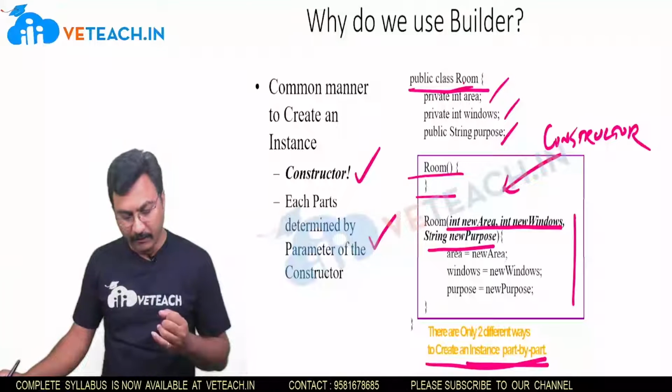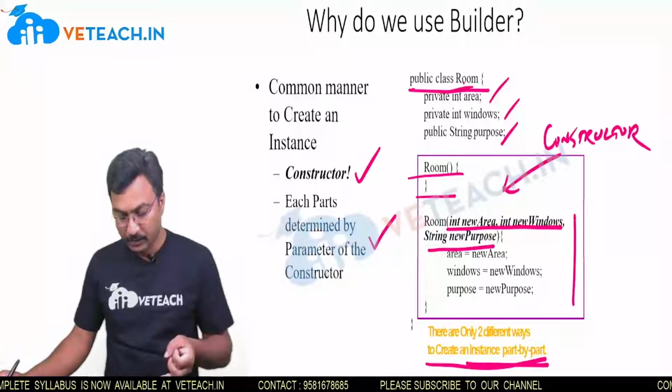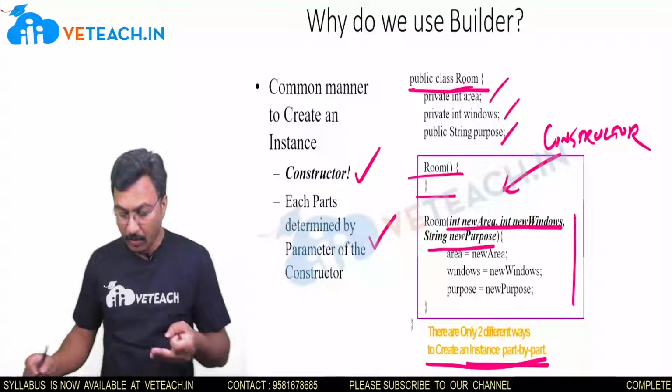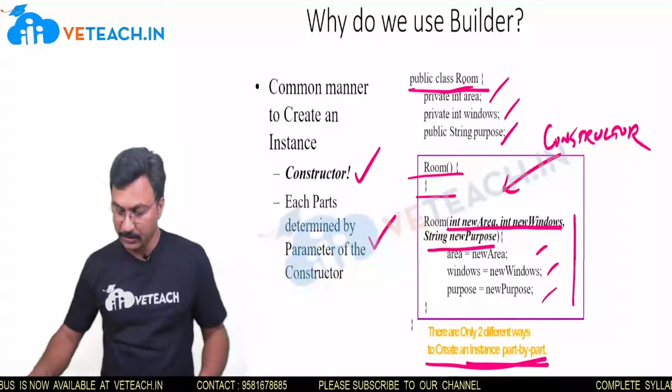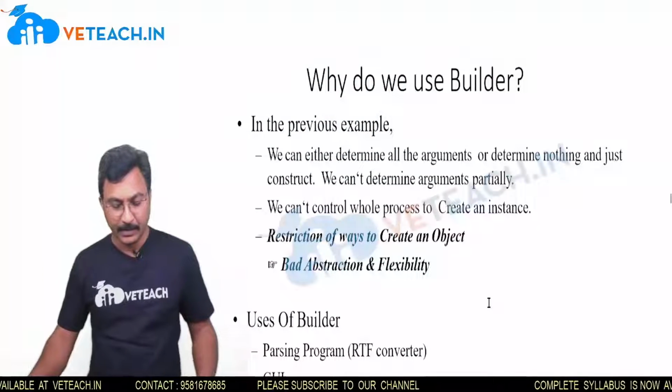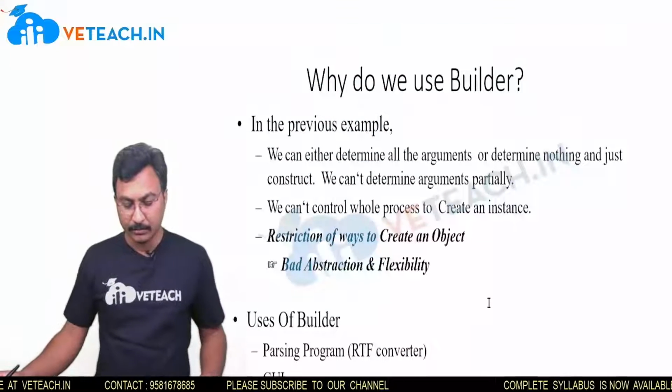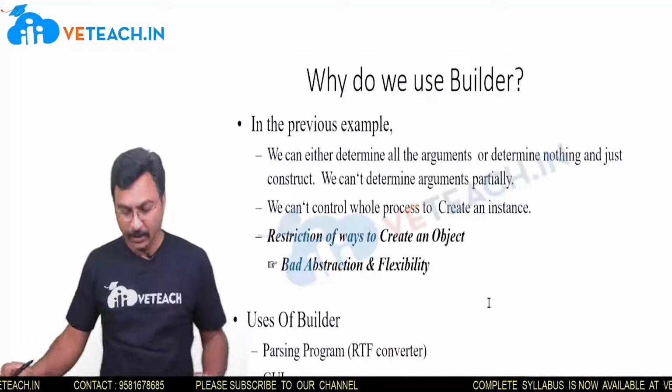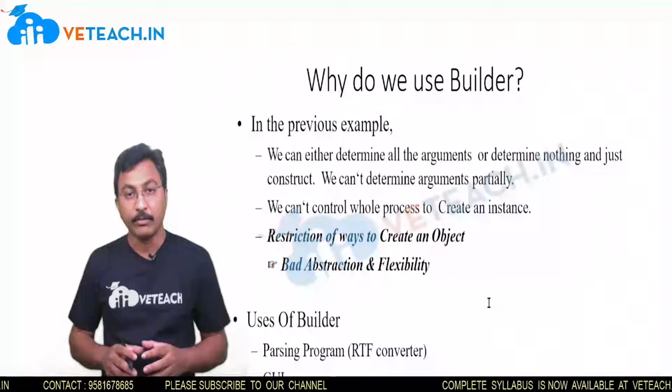Like I'm trying to define an area, its windows and its purpose, all being passed as arguments. So as you see here, as I pass these arguments, they are defined partially. So they cannot be determined fully.